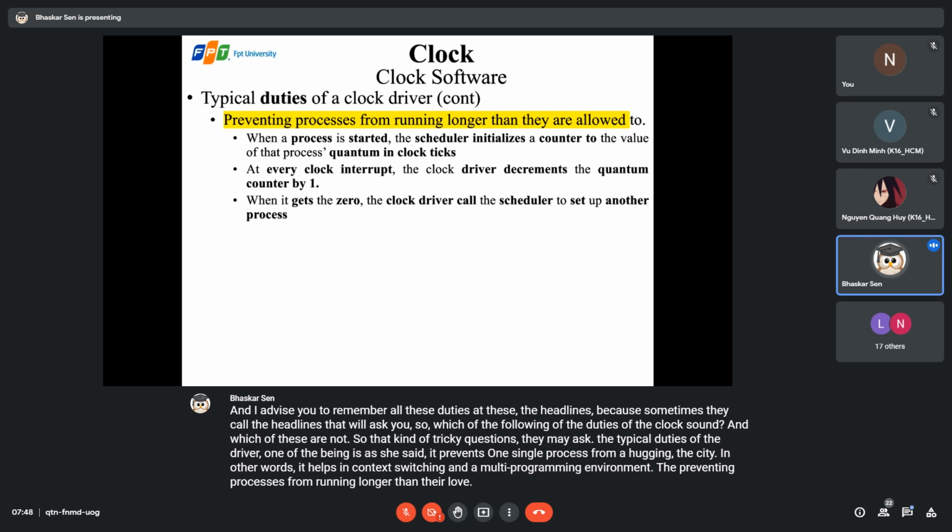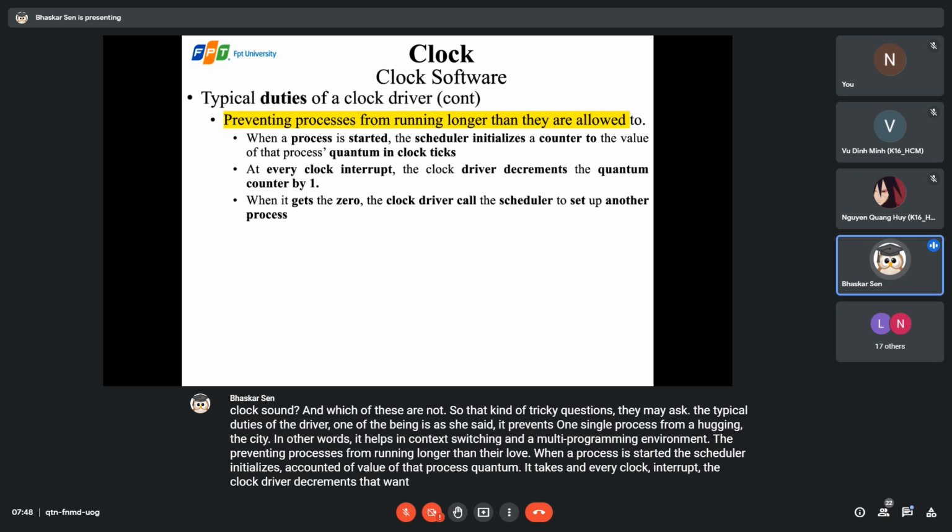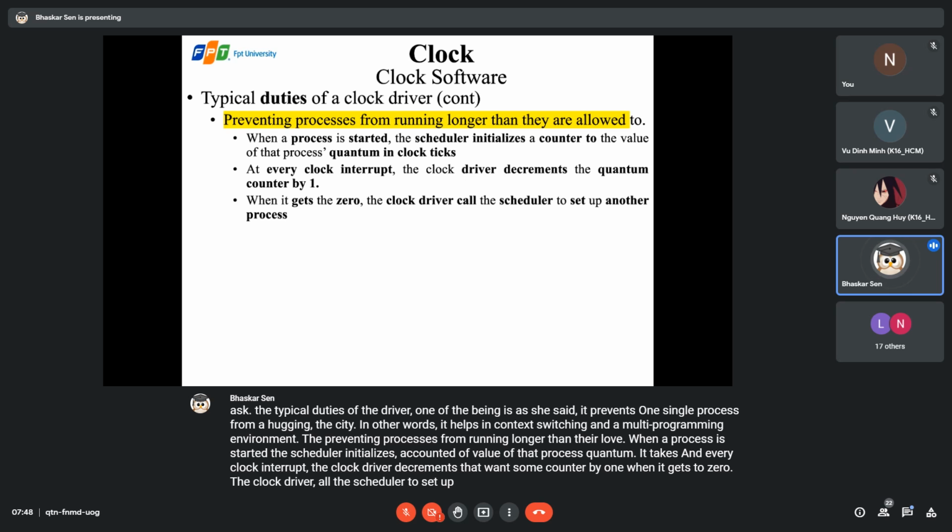When a process is started, the scheduler initializes a counter to the value of that process's quantum in ticks. At every clock interrupt, the clock driver decrements the quantum counter by 1. When it gets to 0, the clock driver calls the scheduler to set up another process.